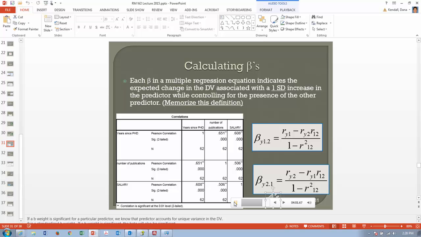Now the beta is the standardized slope, but it is also an index of the unique variance accounted for by that predictor. So accounting for the other variable in the model, what is the unique variance contributed to salary by each of these predictors? To the extent that they're correlated with one another, they're not going to explain unique variance in the DV.